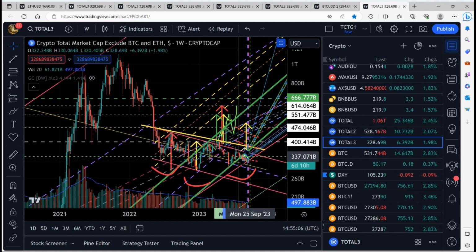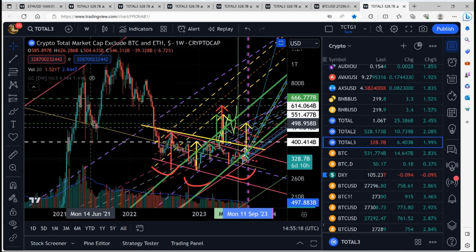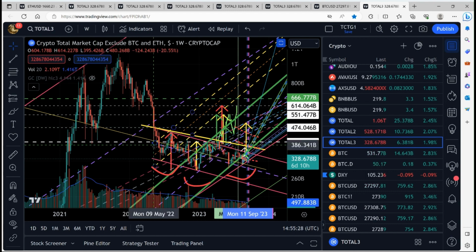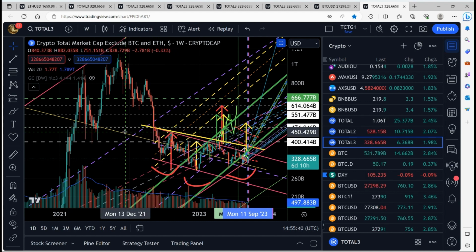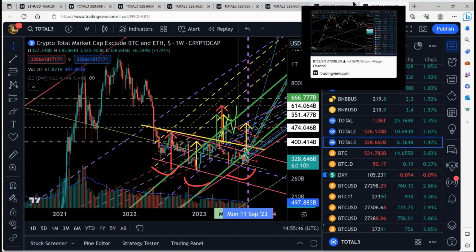I do think that we will be moving here once we break through this neckline up into this area, which is consistent with the lows in the Bitcoin chart in between the double top, and it's also consistent with where we were trading back in May and June. This is the next area I see us heading to on the Total 3. Anyway, okay, I better end there.